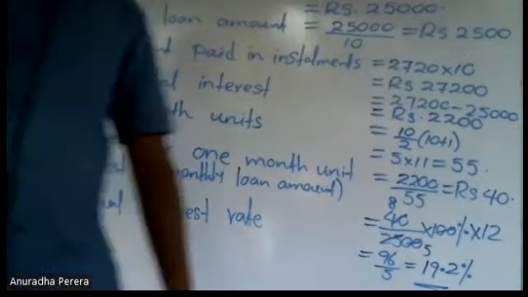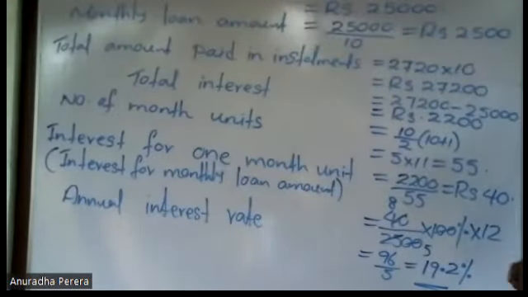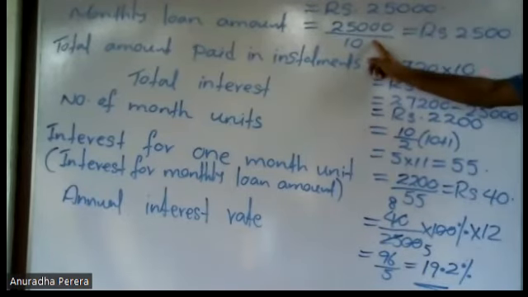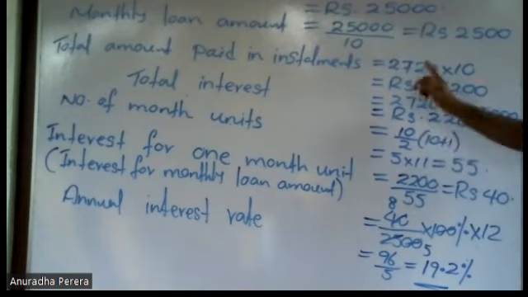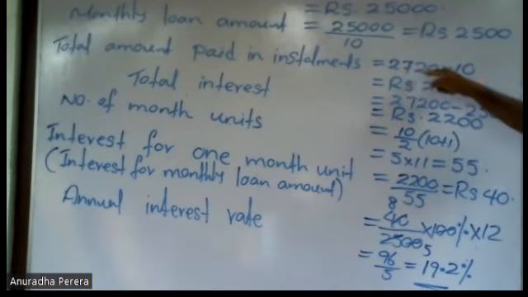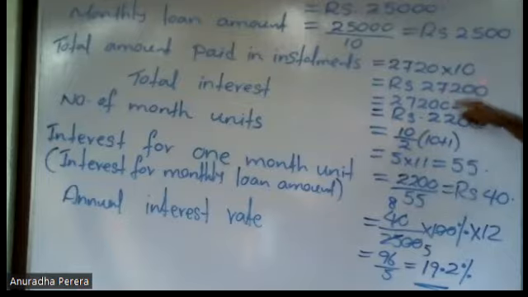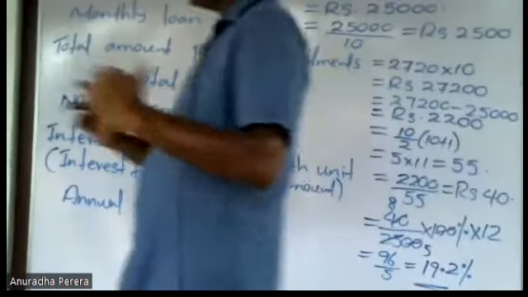හදාගන්න දැන් බලන්න steps ටික මොකක්ද කියලා. First, find the loan amount. Then the monthly loan amount: divide the total loan amount by the number of installments. Total amount paid in installments: multiply the value of an installment by the number of installments. It is 27,200. This 27,200 means the total amount paid with the interest.